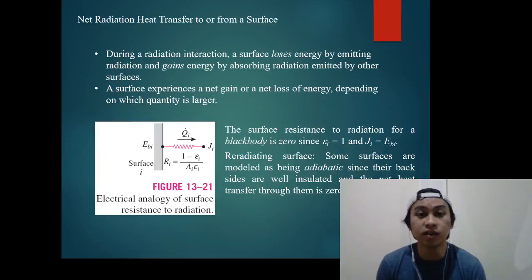A surface experiences a net gain or a net loss of energy depending on which quantity is larger. From the figure, the surface resistance to radiation for a black body is 0, since epsilon equals 1 and J equals E. Some surfaces are modeled as being adiabatic since their backsides are well insulated, and the net heat transfer through them is 0.